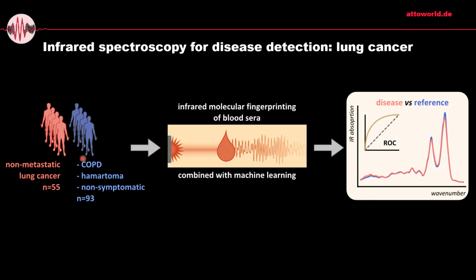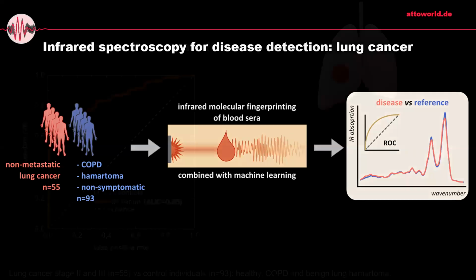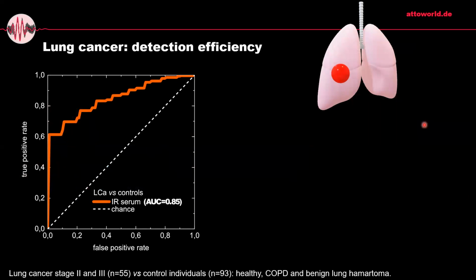And so we compared the infrared spectra of their blood, and then used some machine learning to see if there is any difference between these infrared spectra. Okay. And we see, indeed, there is a difference. And this here is a so-called ROC curve.